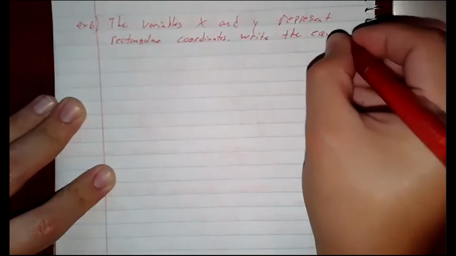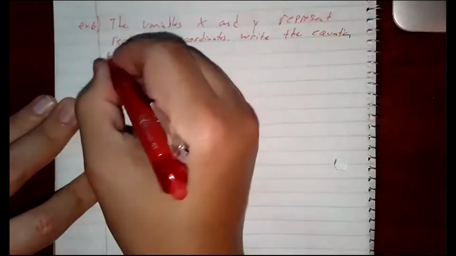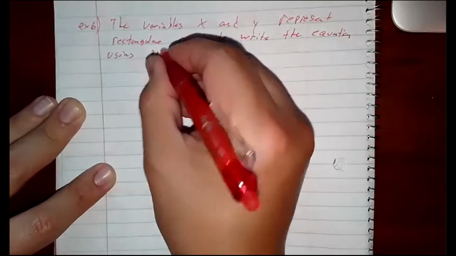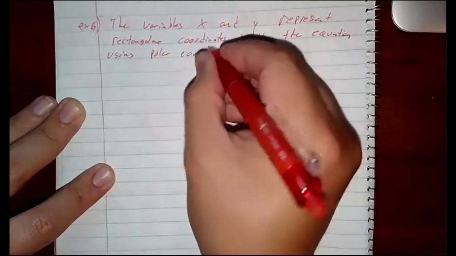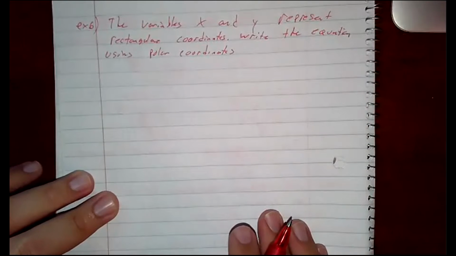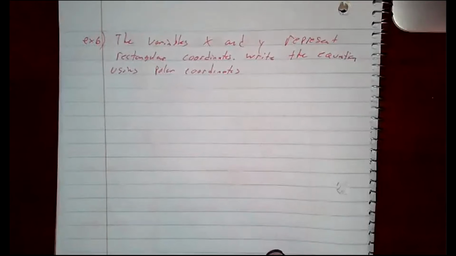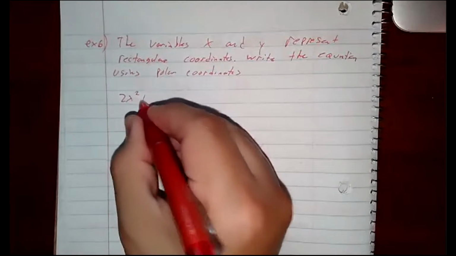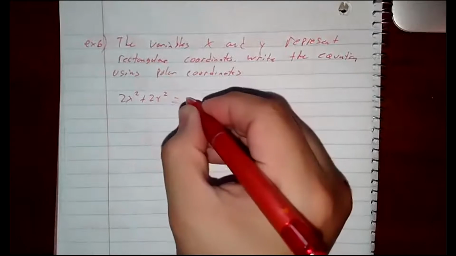Write the equation using polar coordinates. All right, so this time we're not converting a point into either direction. We are converting an equation that's in x and y into an equation that is r theta. Okay, so here's what they're going to give us. 2x squared plus 2y squared is equal to 8.